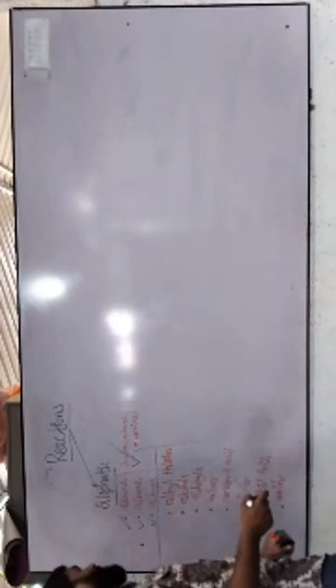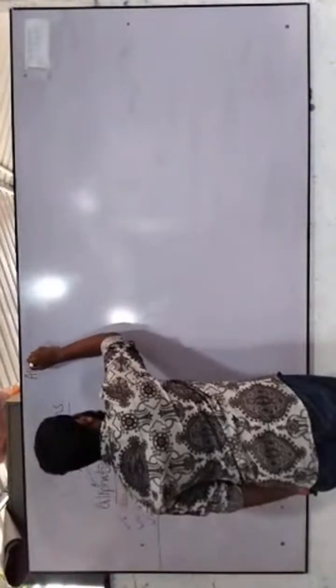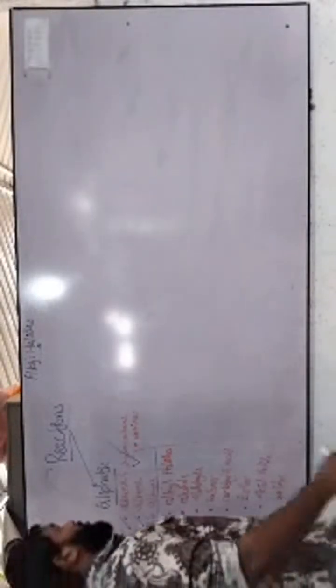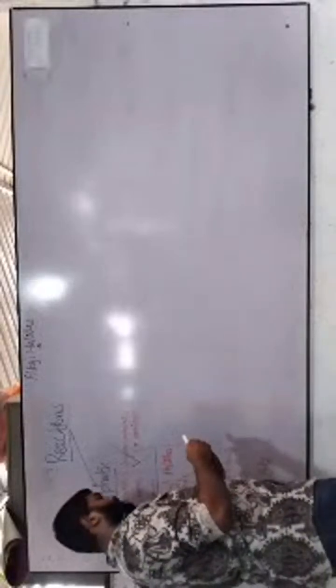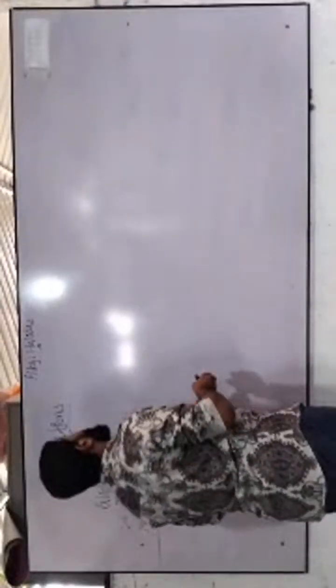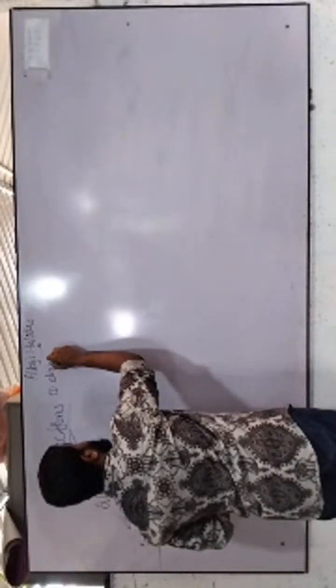So hydrocarbons is over. Now we have alkyl halides. So in the reactions of alkyl halides, one is formation of alcohol, right? The first reaction is going to be formation of alcohol.